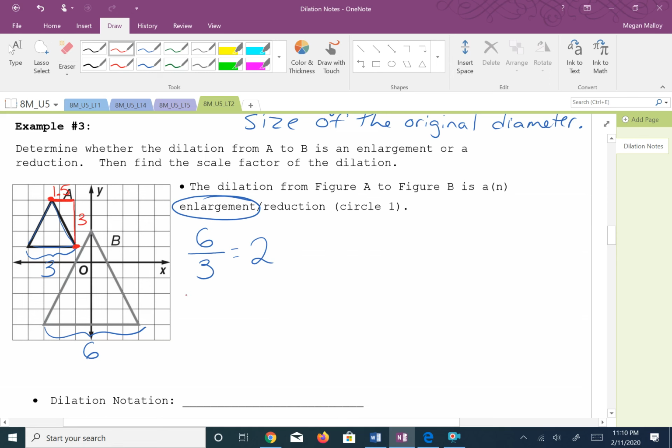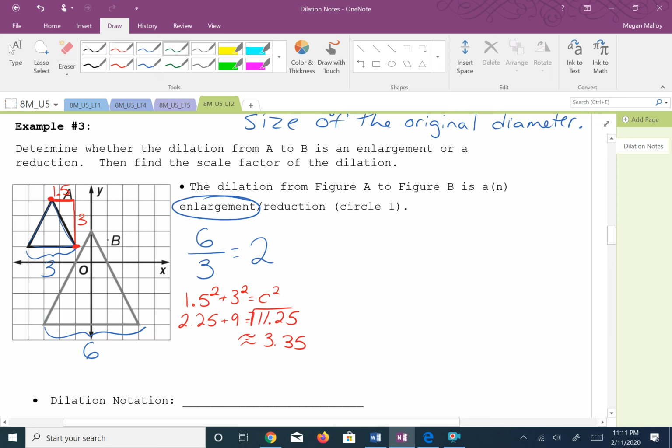So if I do 1.5 squared plus 3 squared, that would be, let's see, 1.5 squared is 2.25 plus 9 equals 11.25. Take the square root of that, that's approximately 3.35.